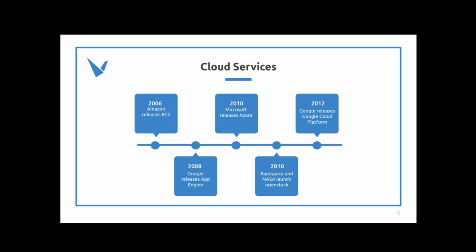GCP is, I think, the fastest of the three, in terms of how easy it is to set up a VM in the cloud. GCP is very smooth, and I think it's a very nice interface and just a good provider. And I think GCP is probably the most user-friendly.